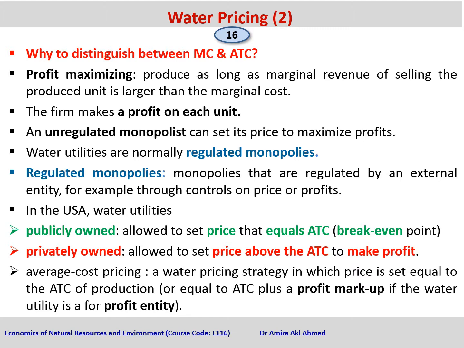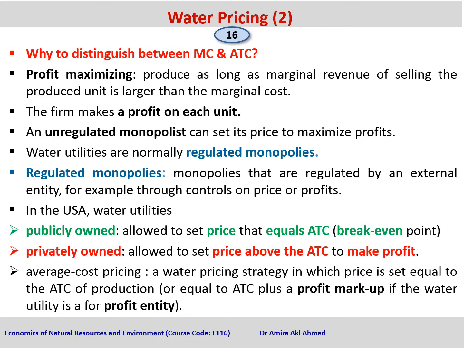In other words, such a firm will produce as long as each produced unit is profitable. The distinction between marginal cost and total average cost is important because water utilities are normally regulated monopolies.